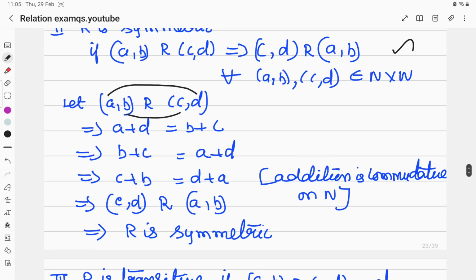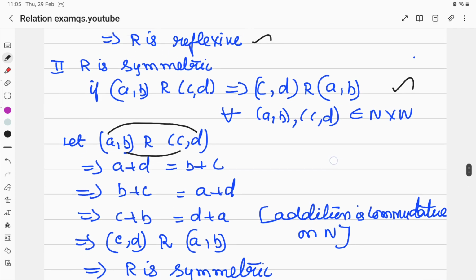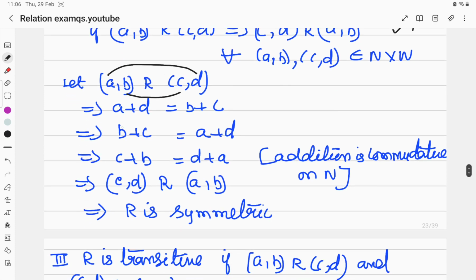Then c plus b is equal to d plus a, since addition is commutative on N. Therefore, c plus b is equal to d plus a, and c comma d is related to a comma b.